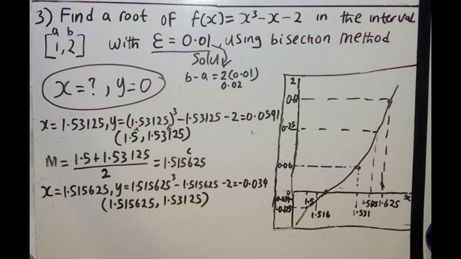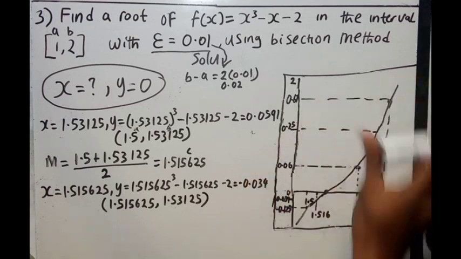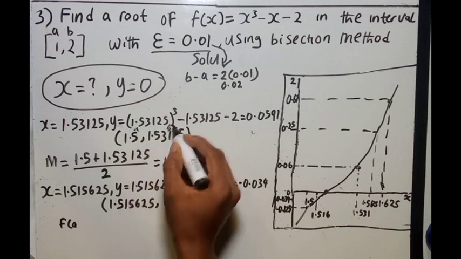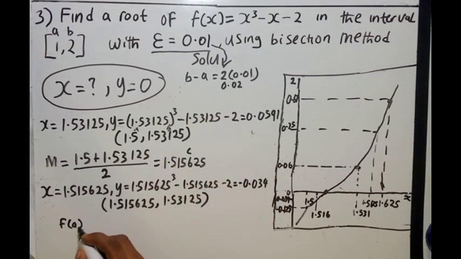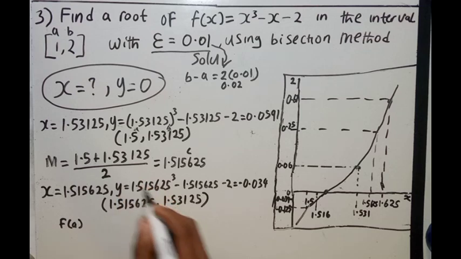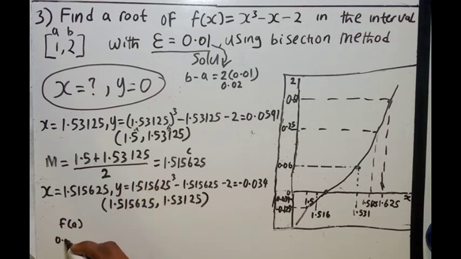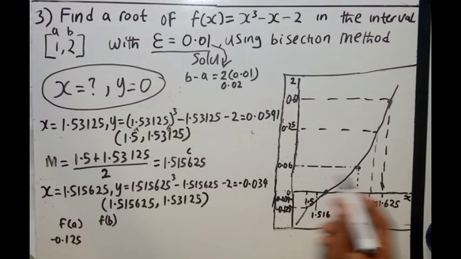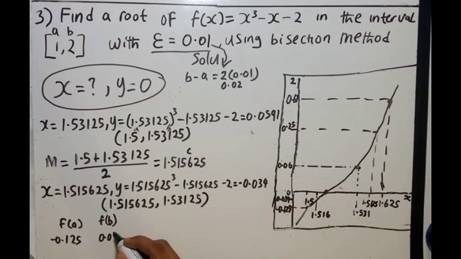Now using that other method that you can use when you're not visualizing this, what you simply say is f of a, which is this, this is our b and this is our c. f of a, 1.5, we say is minus 0.125. Now f of b is approximately 0.06.